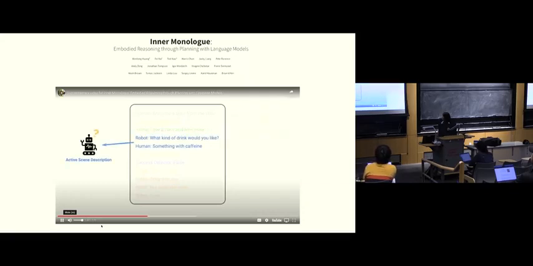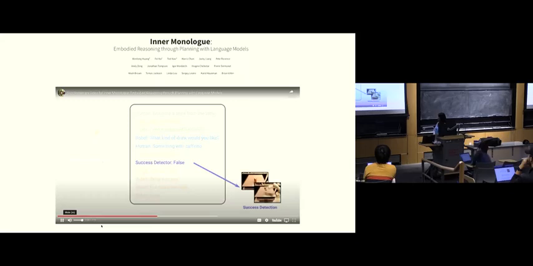The second one is active scene description, which describes the unstructured feedback provided in response to the questions asked by the language model planner. The questions may be answered by a human or by a visual question answering model. In this work, we focus our analysis with answers provided by humans. The third kind of feedback is success detection. This can either be a trained model or an engineered solution using heuristics.